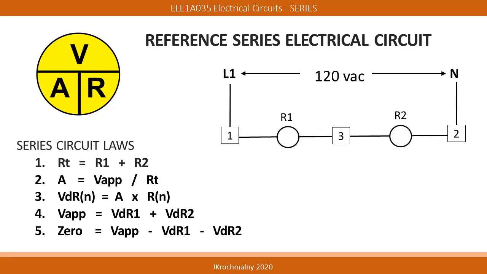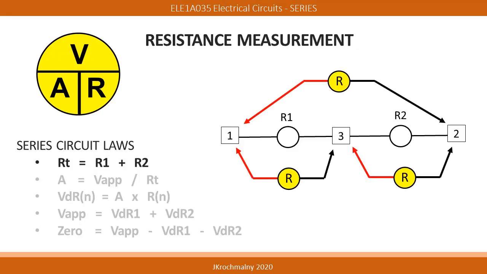Measuring series electrical circuits with multimeters is easily done. These measurements confirm calculated values when considering the 5 laws of electrical circuits. Considering the first law of electrical circuits in series, we see that the total circuit resistance is equal to the sum of each load resistance. RT equals R1 plus R2 plus R3, etc. Note that to measure resistance, the load has to be disconnected from its power source.